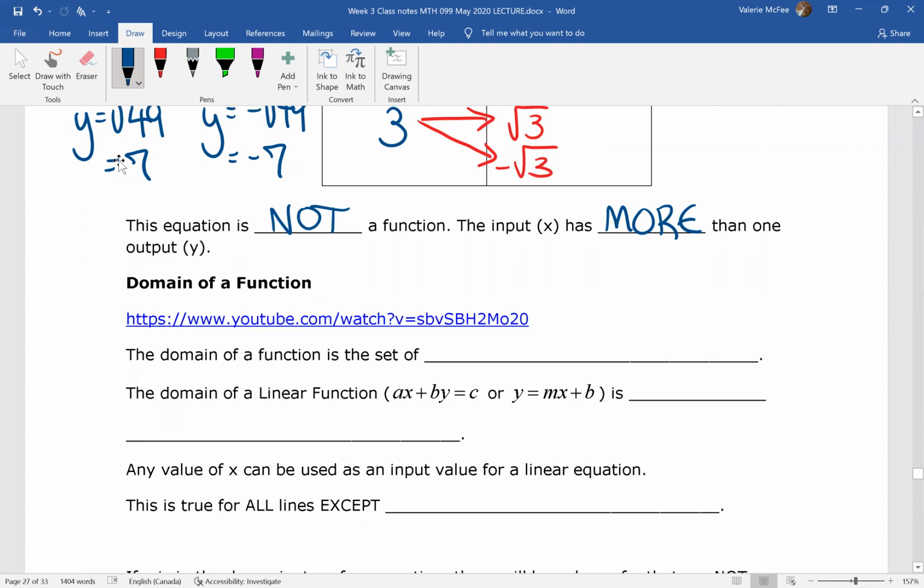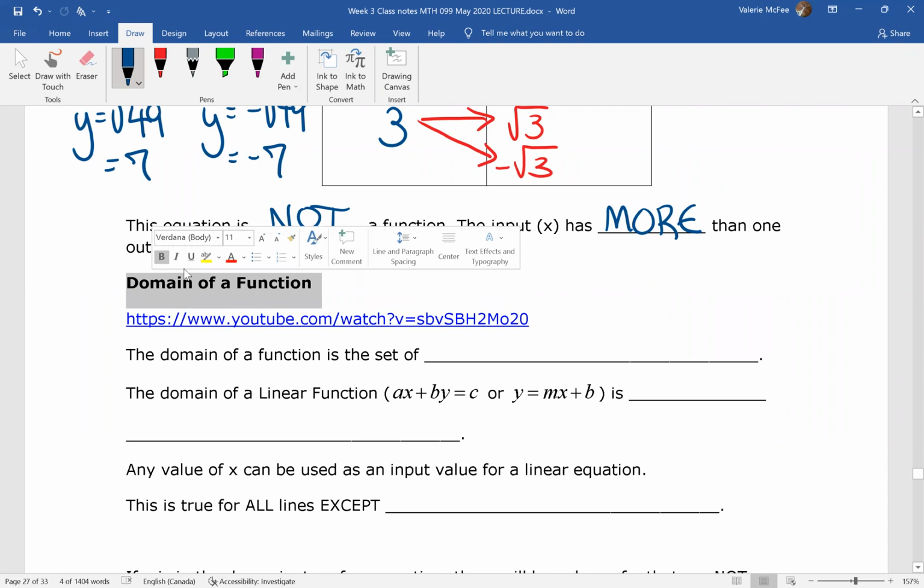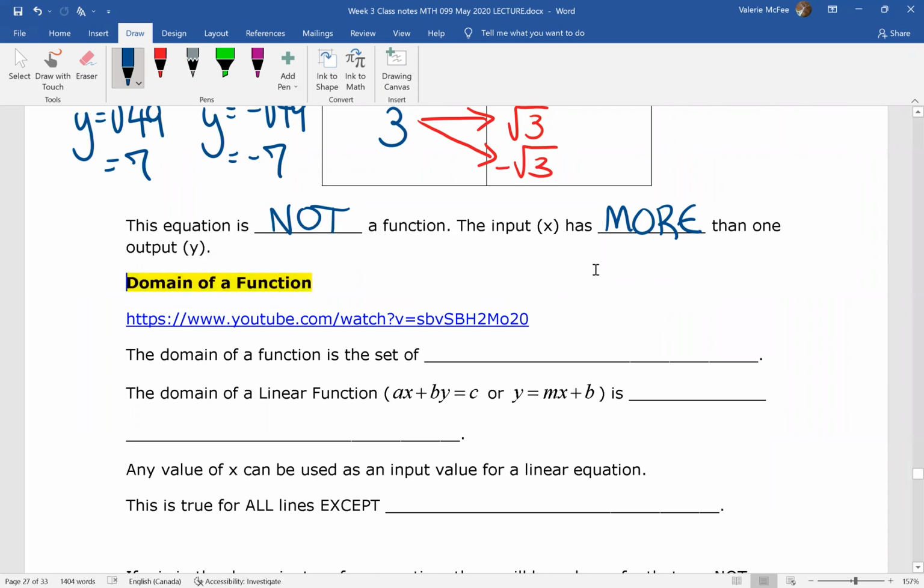One of the things that we talk a lot about when we're talking about functions is the domain of a function. Now, the domain of a function is the set of x values. The domain is the set of x values. Any x value that we can plug into the equation belongs to the domain.